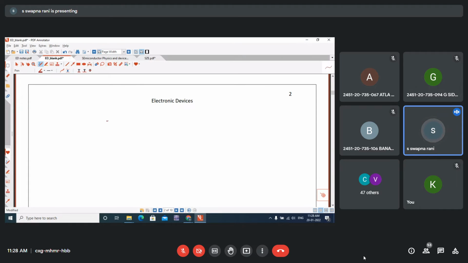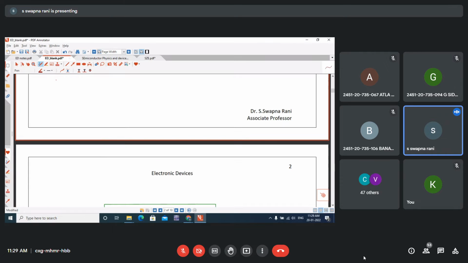So we will take first a semiconductor bar. So whether it is E MOSFET or D MOSFET, two types: N channel E MOSFET ఉంటుంది, P channel E MOSFET.